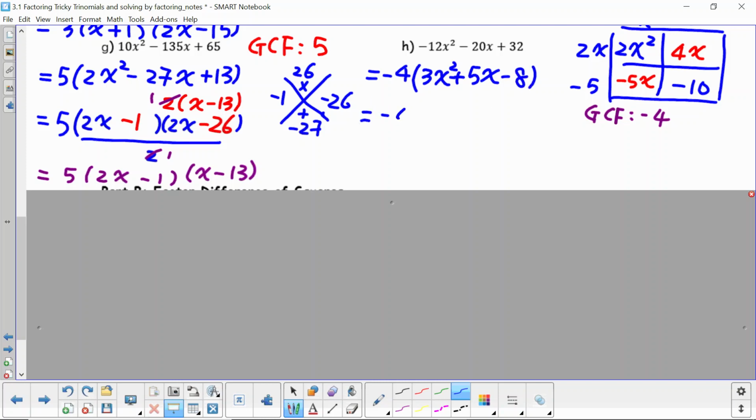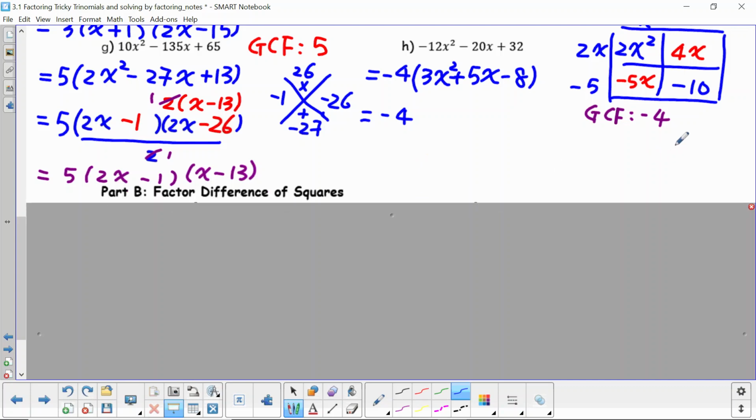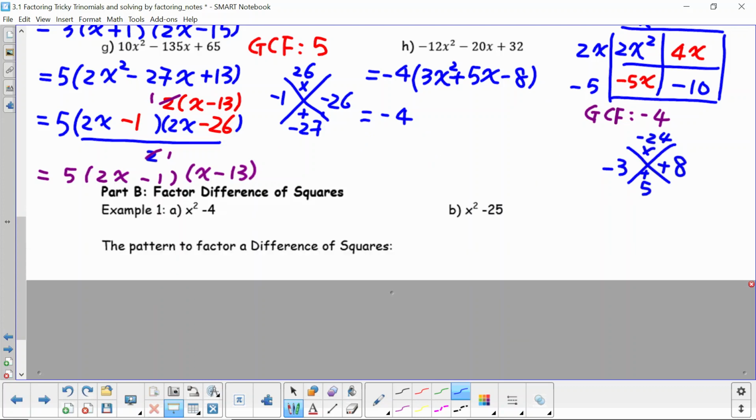Then negative 4 bracket, we are going to do the x again. 2 numbers times together is negative 24, add together is 5. The 2 numbers will be 8 and 3, 1 positive, larger number, 1 negative. Then we are going to use a box method or the division method. It is up to you.